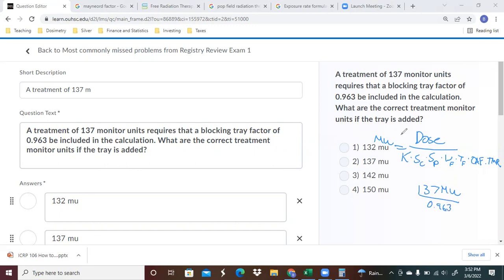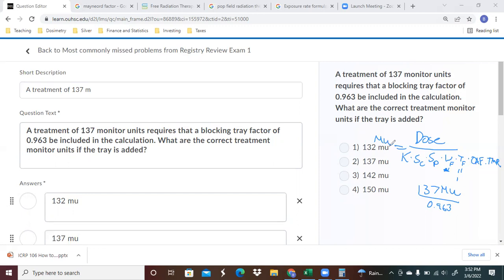You might think we have to know the dose to solve this. But in this case, all we have to do is take the MUs, which were calculated assuming the tray factor was equal to 1. That is not the case.